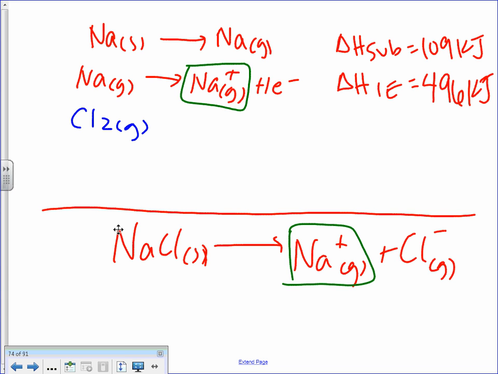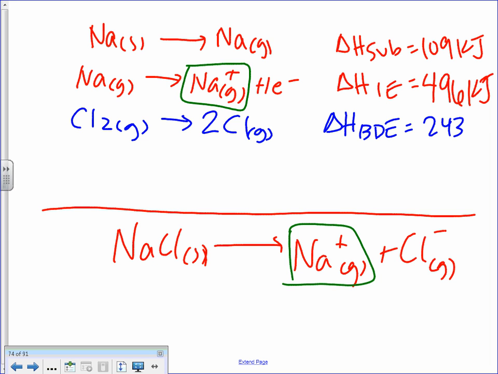What do I need to do to chlorine? It's like this together. Break it. Bond dissociation energy. Okay, 2 chlorines, after you break it, it's 2 separate atoms of chlorine. They're still gas. That's called BDE, bond dissociation energy, and the chlorine bond dissociation energy is 243 kilojoules.